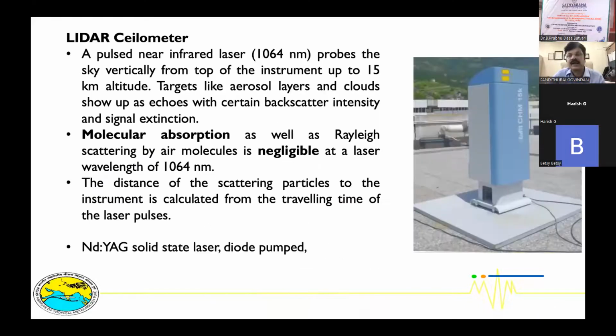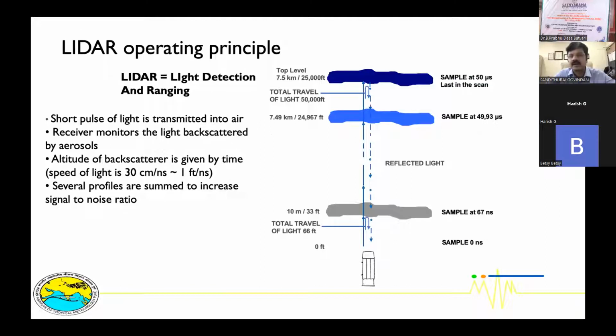The other LIDAR is the ceilometer, which can get backscatter up to 15 kilometers. The advantage with this is that because it is in the near infrared, the Rayleigh scattering and molecular absorption are negligible. And here an Nd:YAG solid state, diode pumped laser was used for boundary layer heights.